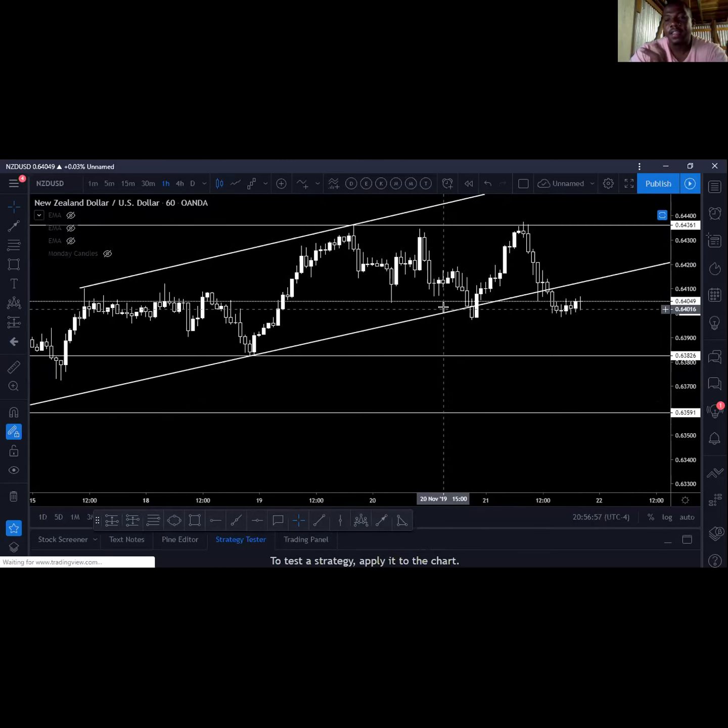If I see an engulfing candle start to form, leaving that zone and price starts to turn off of that zone with an engulfing candle, that would be a good confirmation for me to enter the trade. Put my stop loss beyond the support or resistance and enter the trade in the direction of the engulfing candle.